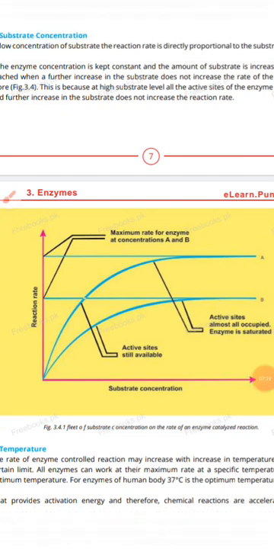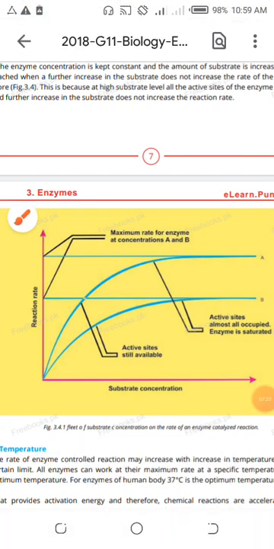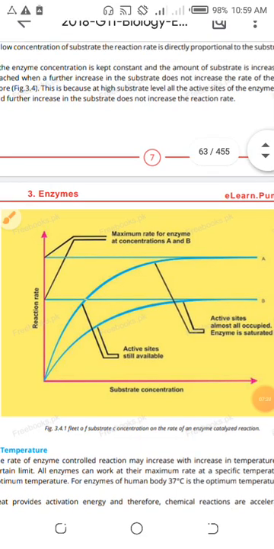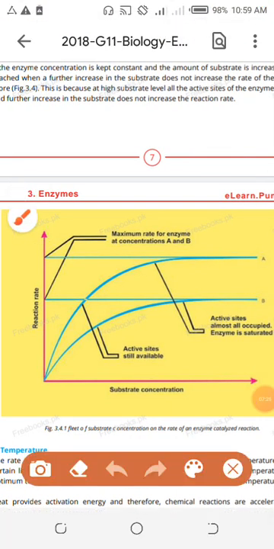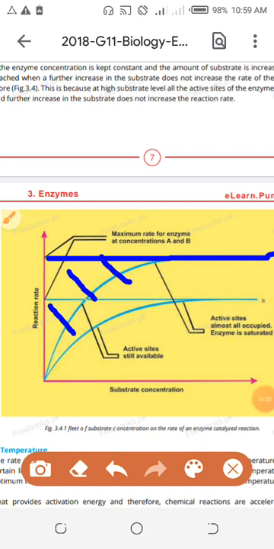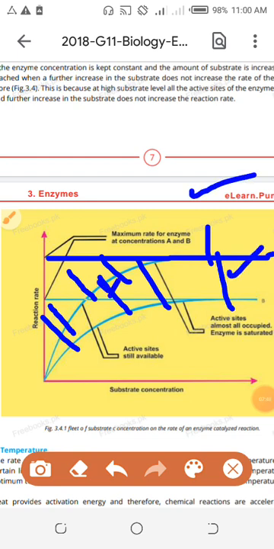Now I will indicate, and you will see from the y-axis this line is telling the rate of reaction is constant. Here the rate of reaction is increasing, moving up, but here constant. Here is the problem. Here is no problem, it's okay. So what is the issue going on?